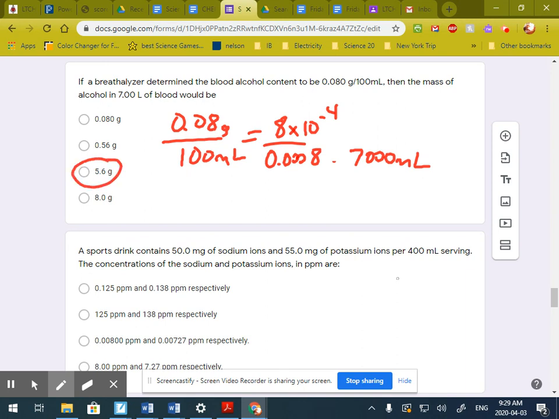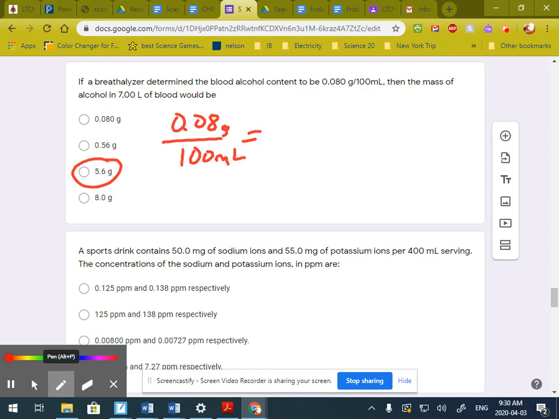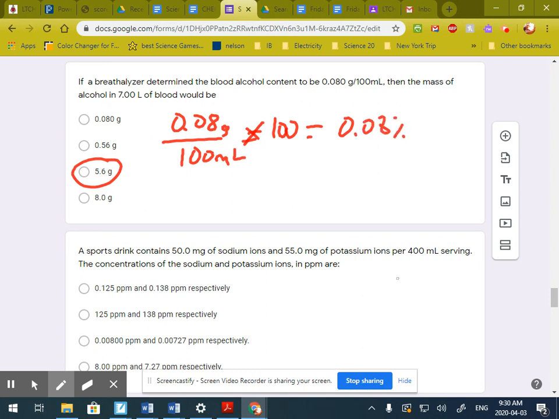Now, that's a shortcut. Here's how I kind of figured that out. The formula is solute over solution times 100. And that will get me 0.08%.